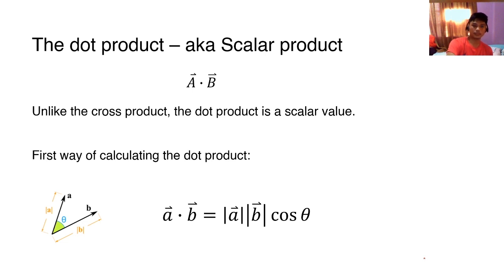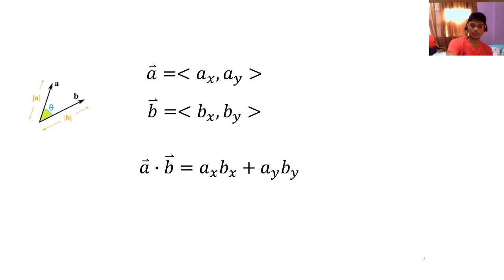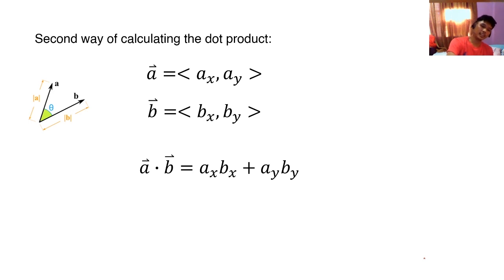There's another way of calculating the dot product, and that's if you know the x components and the y components of the two vectors involved. And as you can see, it's very easy. You just multiply the x components, ax times bx, plus the y components, ay times by.